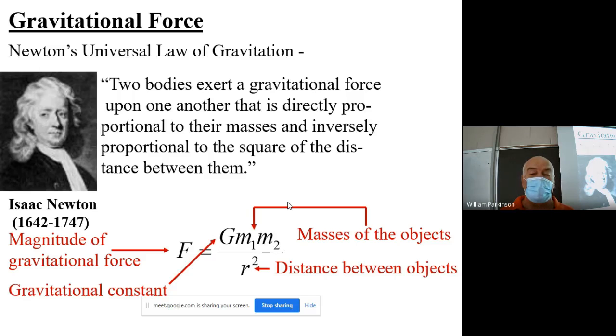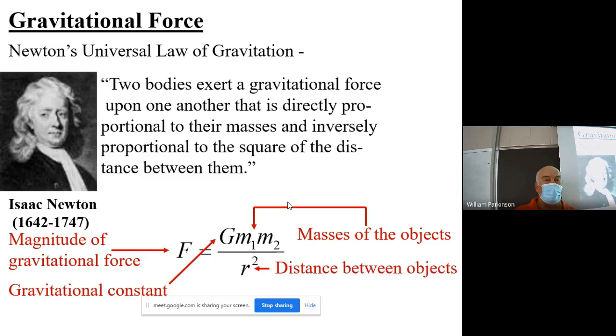If you put the objects 1/3 as far apart as they used to be, so they're a distance, say 3 feet apart, now you move them 1 foot apart. So you cut the distance between them by 1/3. What you'd have to do is put a factor in that denominator, 1/3 squared. And 1/3 squared is 1/9.